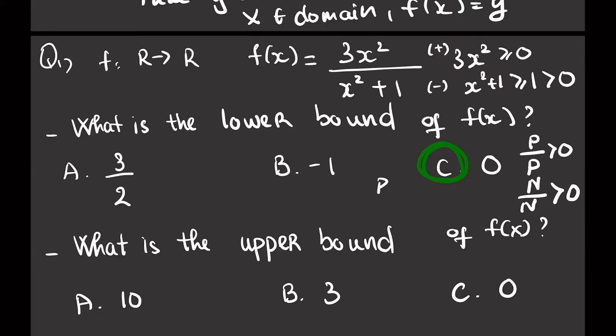However, if you have a positive over negative or negative over positive number, it will be less than 0. And if the numerator is 0 at one point, then the whole function will be 0 at that point.